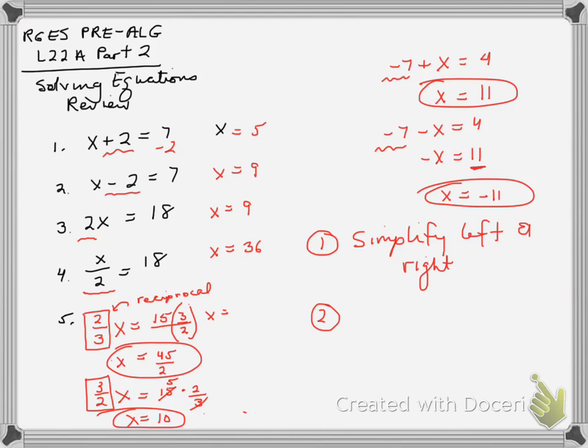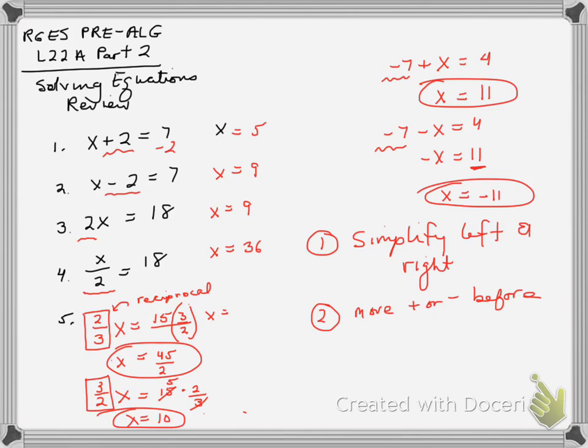Second, when I am solving, if I have more than one thing to solve, I will always eliminate from the side with the variable, okay? So I will always move an addition or subtraction before.